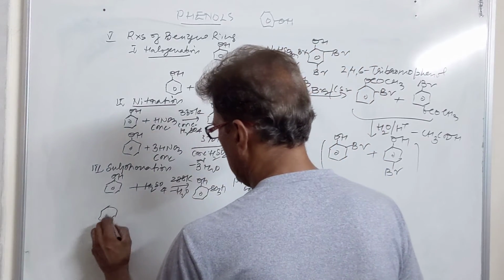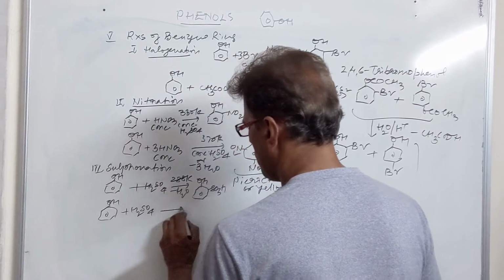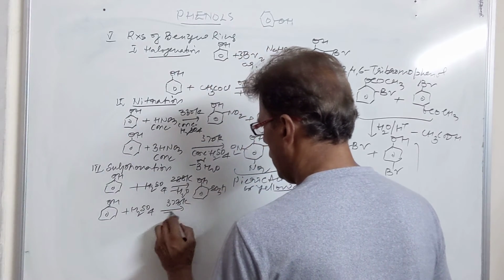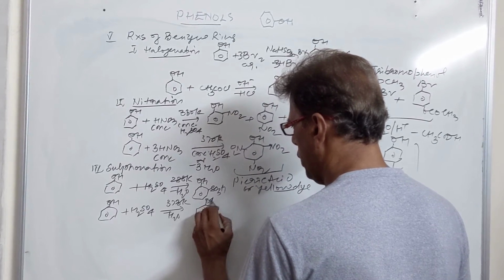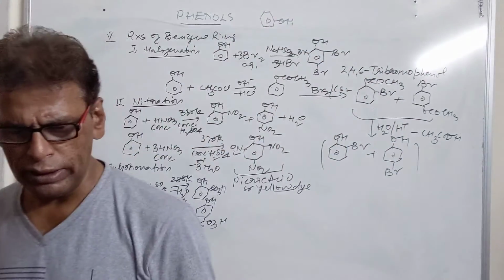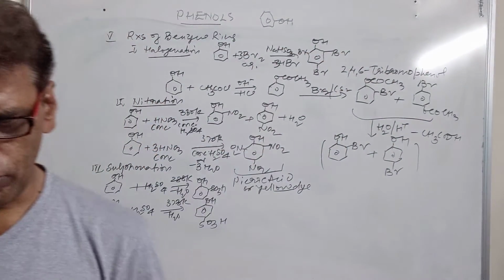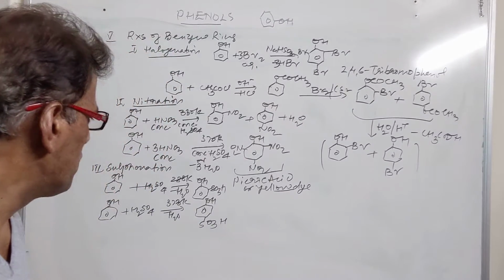And at a still higher temperature, that is 373 Kelvin, they will produce the para product. Para-hydroxy benzene sulfonic acid will be the product. So these two products can be obtained: ortho product at low temperature, and para product at high temperature.